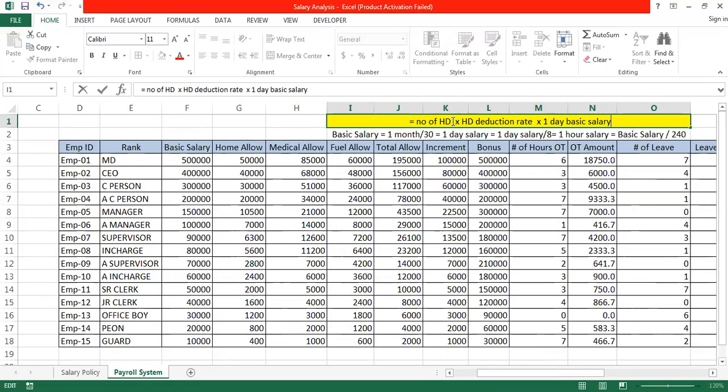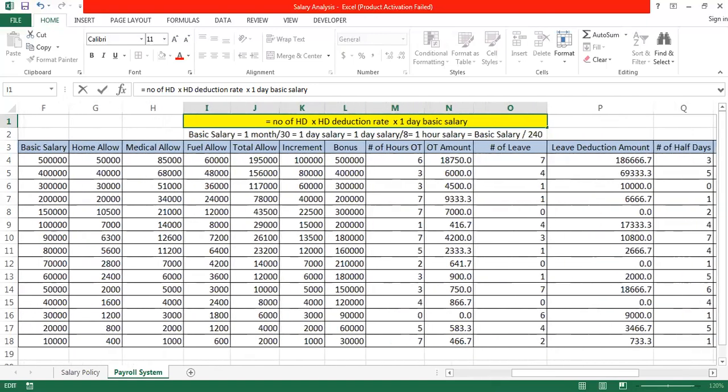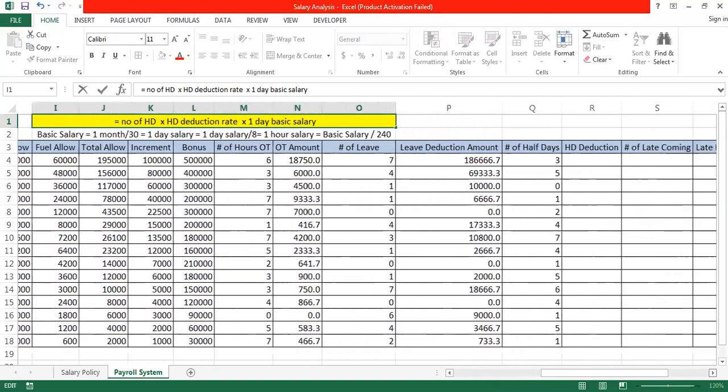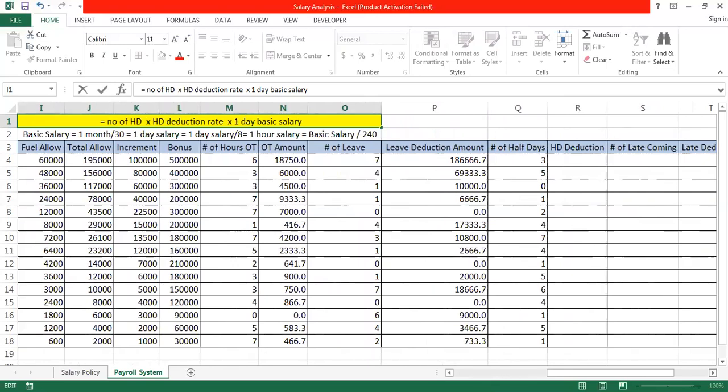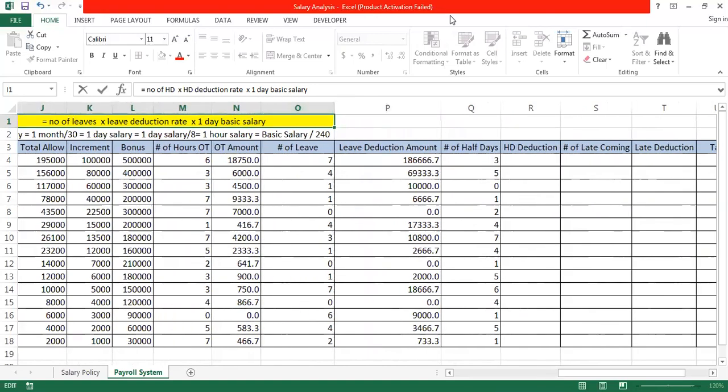So we have to see what type of formula we have to apply when we are calculating our half days. In half day calculation, we can use a ROUNDDOWN formula when we divide the basic salary with our values.